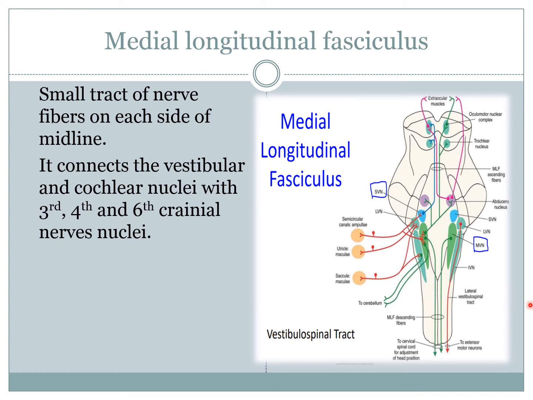Here you can see the nuclei of the vestibulocochlear nerve, and this is the nucleus of the sixth cranial nerve, fourth and third cranial nerve. So this is the medial longitudinal fasciculus, present on either side of the midline beneath the floor of the fourth ventricle. It connects the vestibulocochlear nerve to the nuclei of nerves which supply the extraocular muscles.